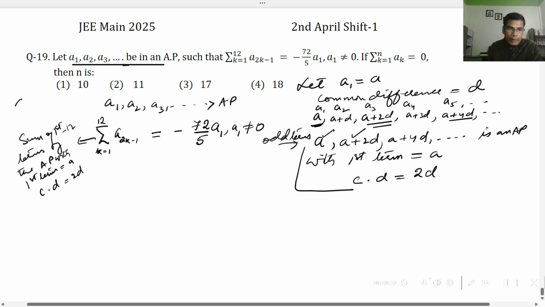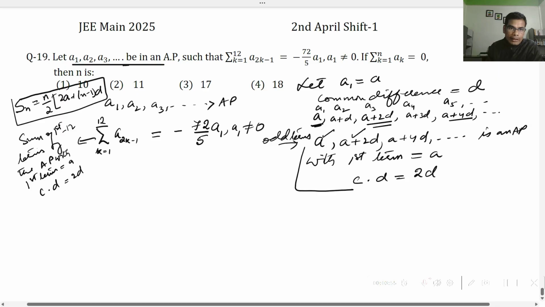The sum of the first n terms is given as n by 2 times, twice the first term plus n minus 1 into d. So this is the formula for the sum of the first n terms.